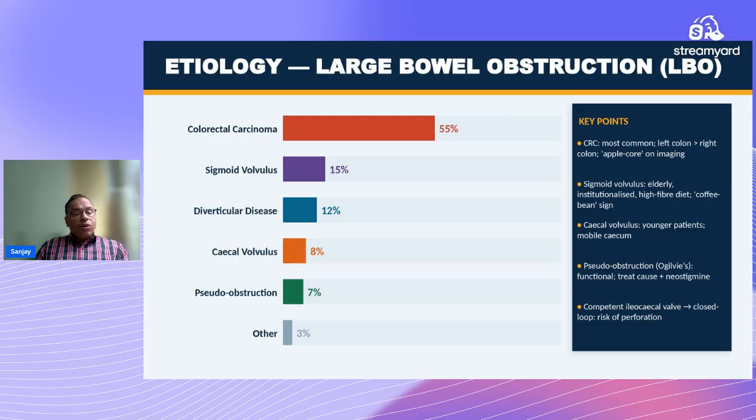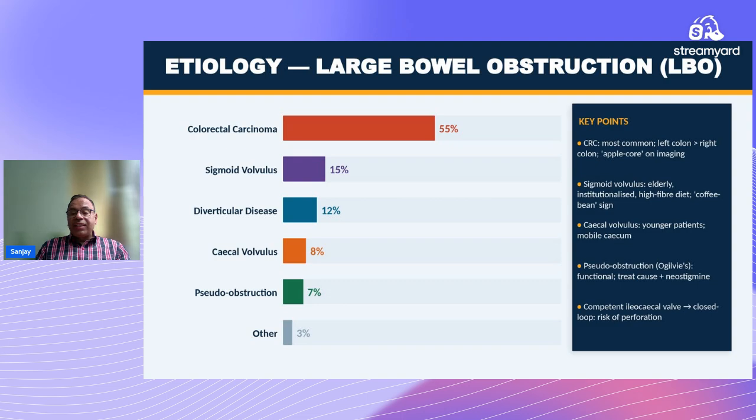Cecal volvulus is not so common as sigmoid volvulus. However, it would account for about 7 to 8% of cases. Intestinal pseudo-obstruction, also known as Ogilvie's syndrome, is, as the name suggests, without mechanical obstruction, but here there is a massive dilatation of the bowel, specifically of the transverse colon, commonly seen in patients who are in sepsis, who have undergone a very extensive laparotomy, patients who are nutritionally depleted, patients who have certain metabolic disorders like uncontrolled diabetes, or even in patients who are bedridden or not ambulant.